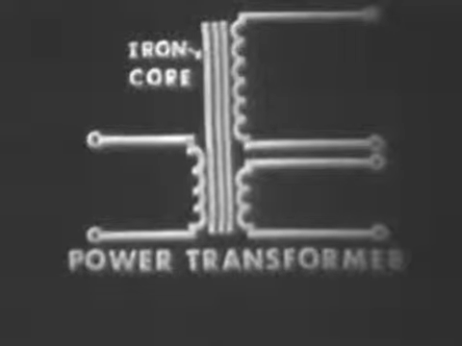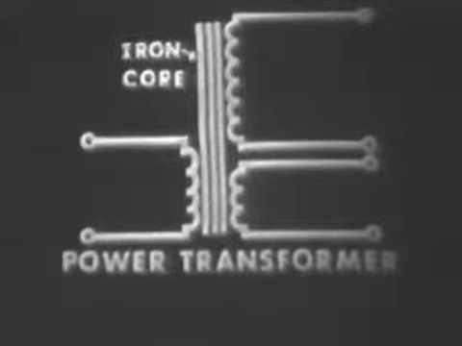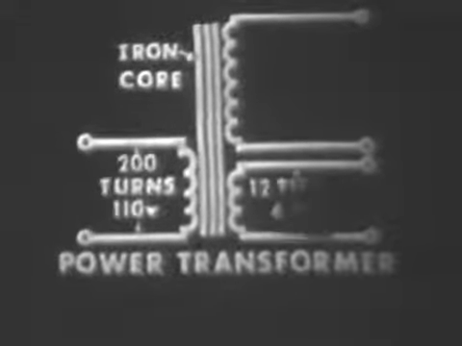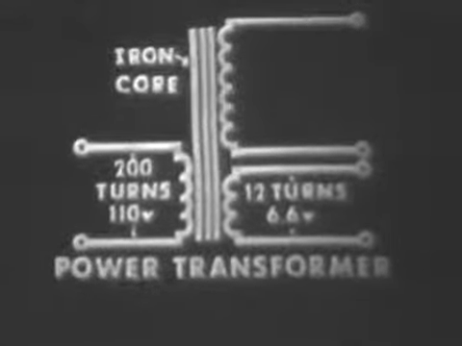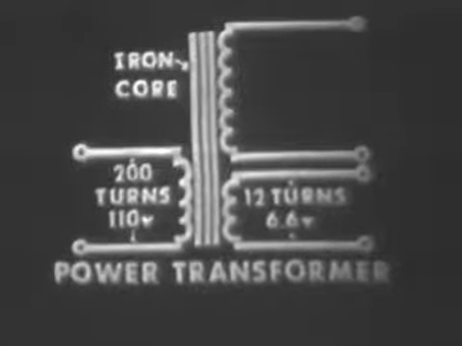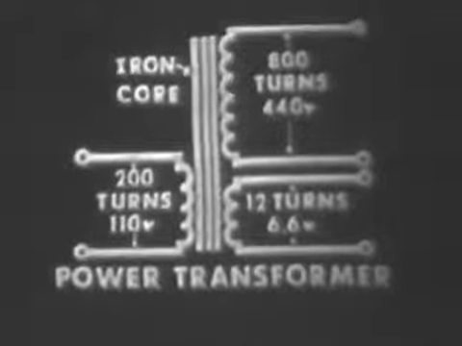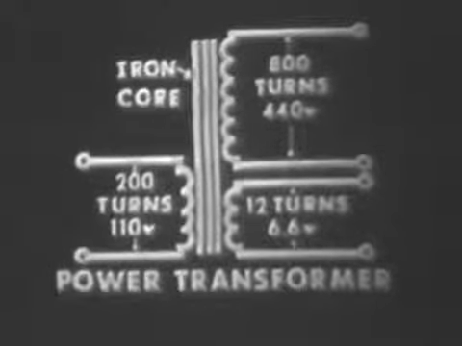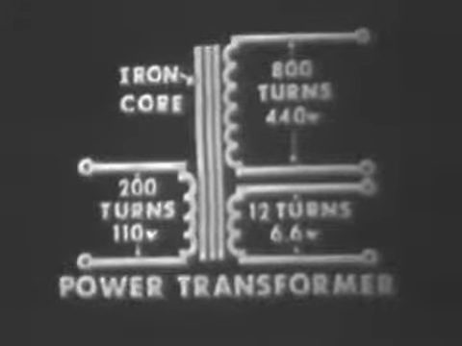You'll notice that each secondary has a different number of turns. One of the secondaries has fewer turns than the primary. Therefore, it produces less voltage than that applied to the primary. The other secondary, though, has more turns and thus produces more voltage. You'll also notice that the power transformer is constructed with an iron core.